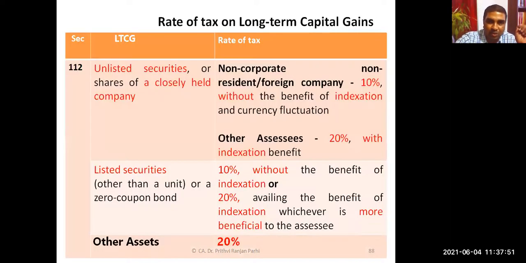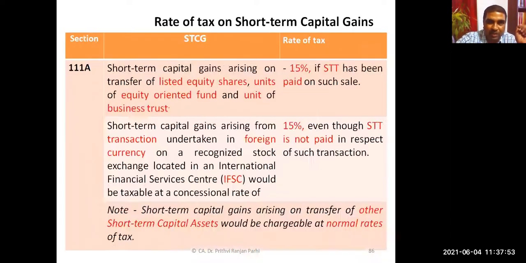Okay, so what is important here, you should keep in mind, a short-term capital gain can be taxed at the rate of 15%, but only for a few assets. Otherwise, it is a normal tax rate. Normal tax rate means what you have learned in our initial classes, 5%, 20%, 30%.